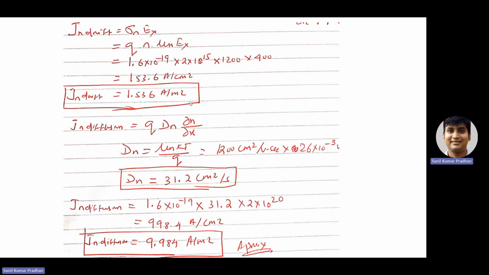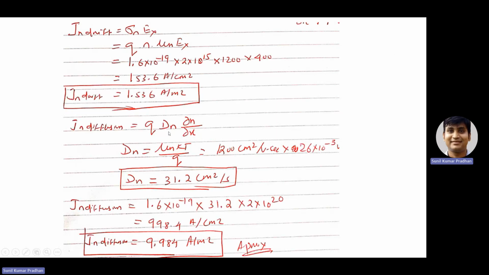Now next, what is my diffusion current density? This is as per the relation: charge into diffusion constant into concentration gradient, right? So Dn is nothing but the diffusion constant. Now how can we find the diffusion constant? As we know, Dn by mu n is equal to kT by q. So Dn is mu n into kT by q. If you put the values, you can find the value of Dn.